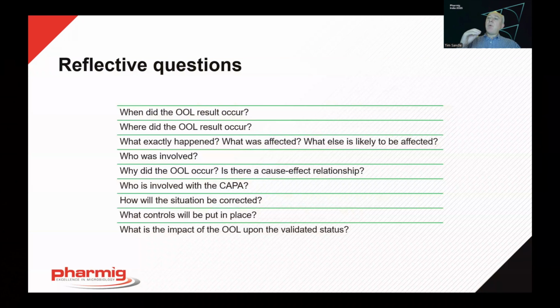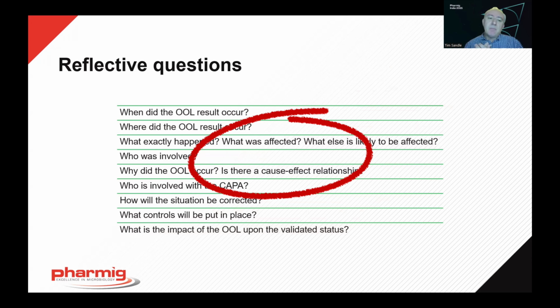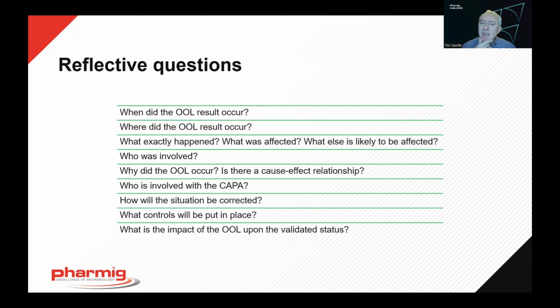It's also important not to rush to conclusions and to stand back and think about the data. So, when did our out-of-limit result occur? Where did it occur? What exactly happened? What was affected? Who was involved?